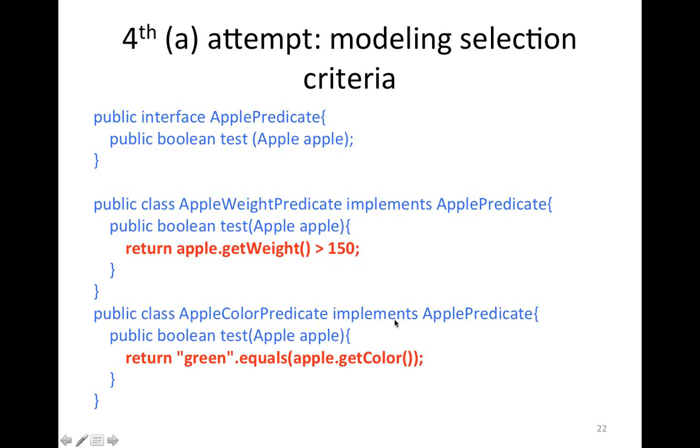So for example, we could create another class, AppleColorPredicate, and it says, well, I'm only interested in apples that are green. So now if the farmer comes with whatever fancy selection criteria he needs, we just need to declare a class that implements this interface. And because we've got access to an apple object, we can write whatever selection criteria we need.